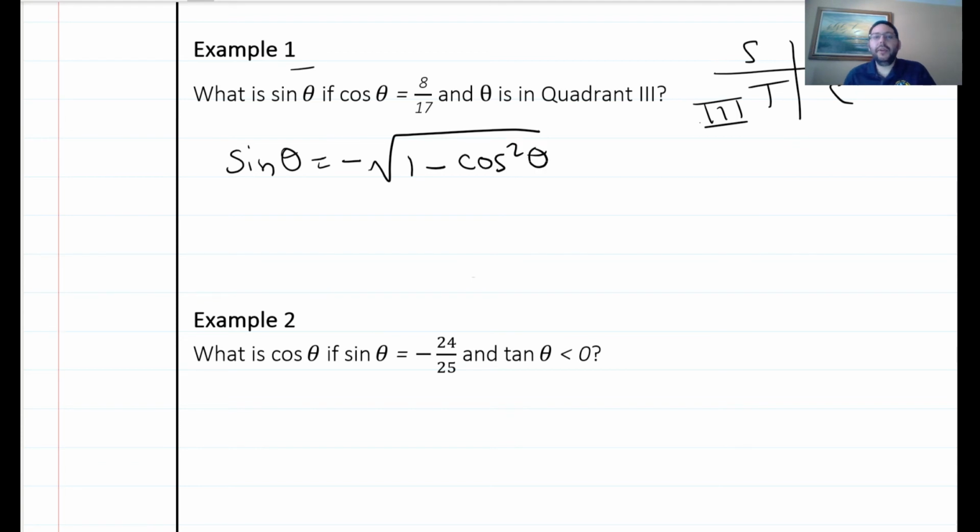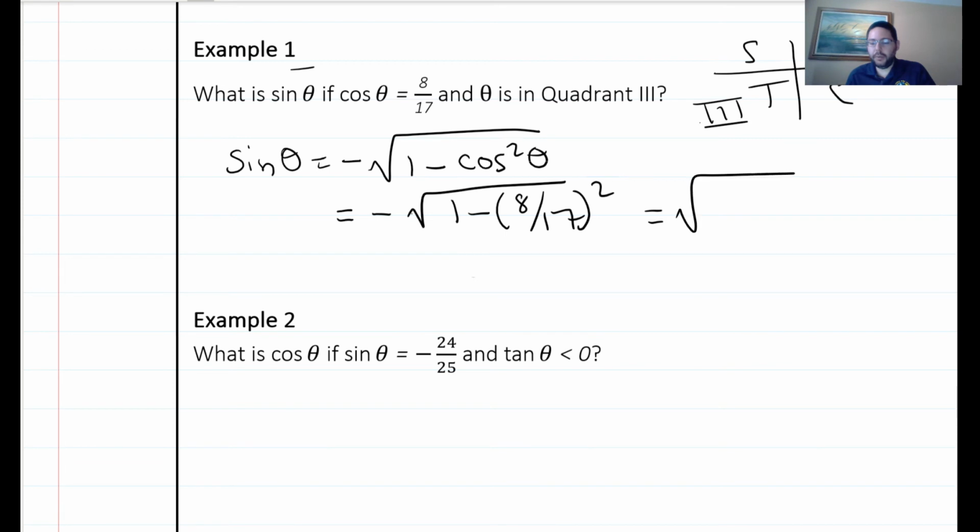of theta. Now we know what cosine is, they gave it to us. So we have negative square root of 1 minus 8 over 17 squared. Then we're going to do the math here. So we got square root of 1 minus 64 over, and real quick, 17 squared is 289.